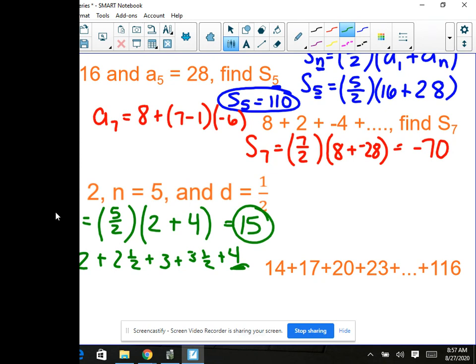Okay. Did anyone find a shortcut for the last one? Anyone realize what's going on in the last one? Define shortcut. You don't have to use a formula. Did anyone find a way without using the formula?